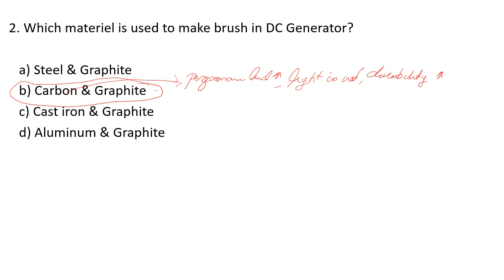And for graphite, we know that it is highly lubricating, and its conductivity is very good compared to that of carbon. It has good conductivity and good heat resistance, or we can say it is a high temperature resistive material.